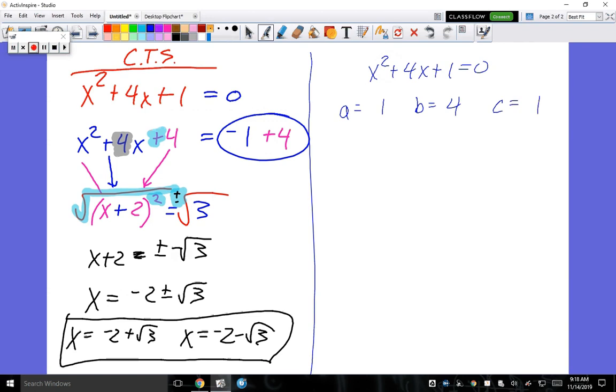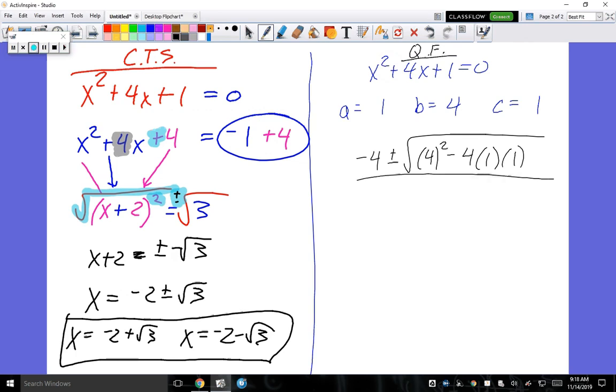So when I set this up, Ethan, how do I set it up using the quadratic formula? Negative 4 plus or minus the square root of 4 squared minus 4 times 1 times 1, right? Yeah. Okay.